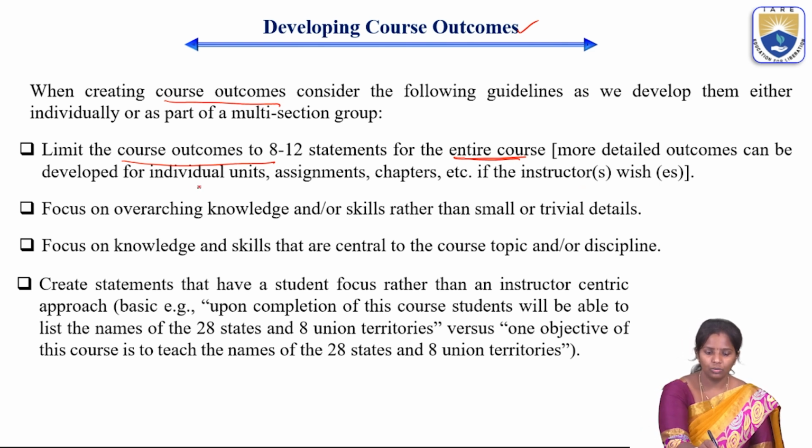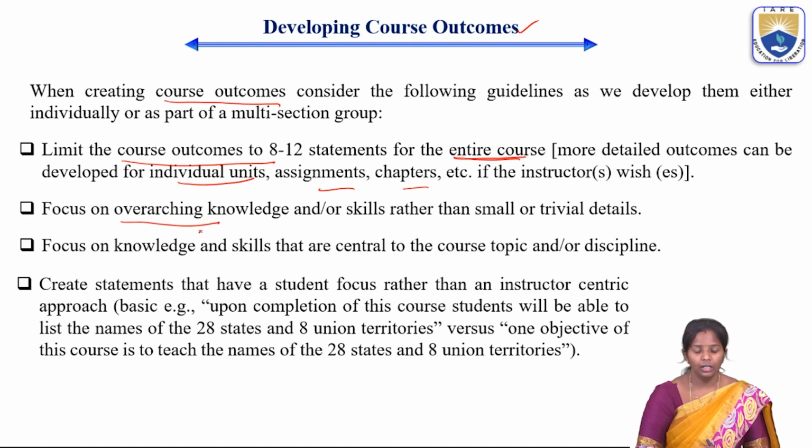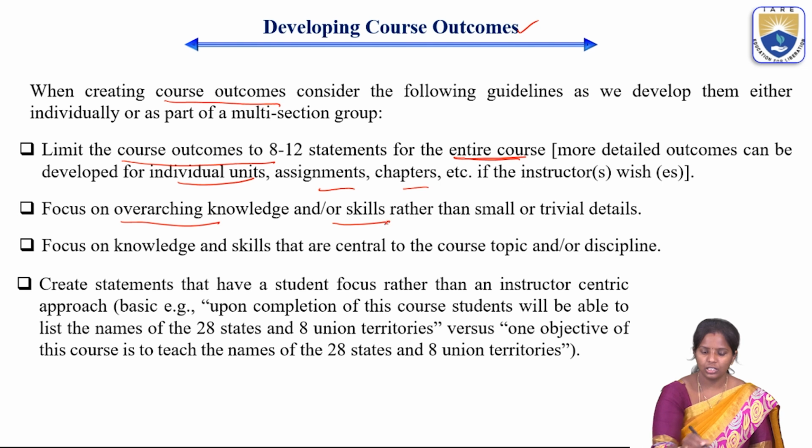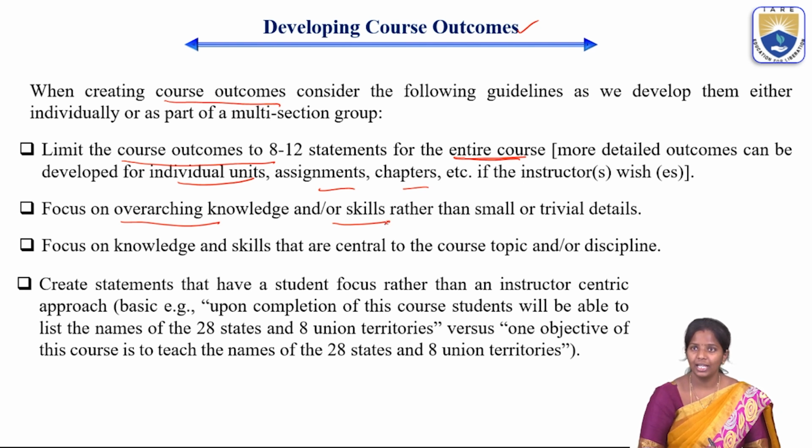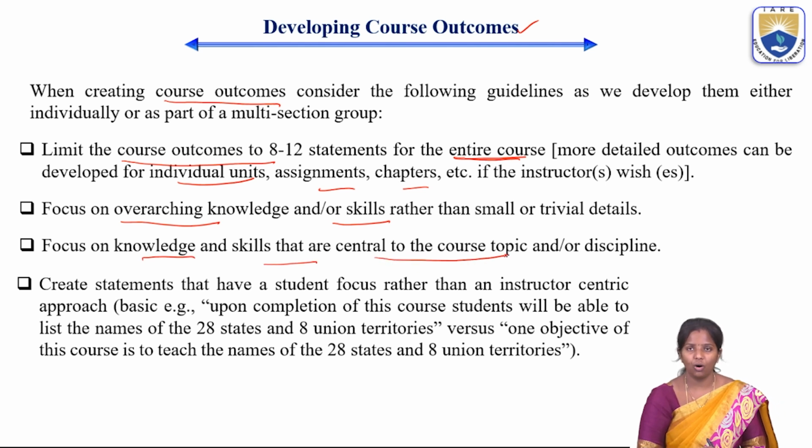So that will be including individual units, assignments, chapters, etc. Focus on overarching knowledge or skills rather than small trivial details. Focus on knowledge, skills that are central to the course topic or discipline. So we have to focus on the knowledge that is being obtained or the skilling up of our practical application.